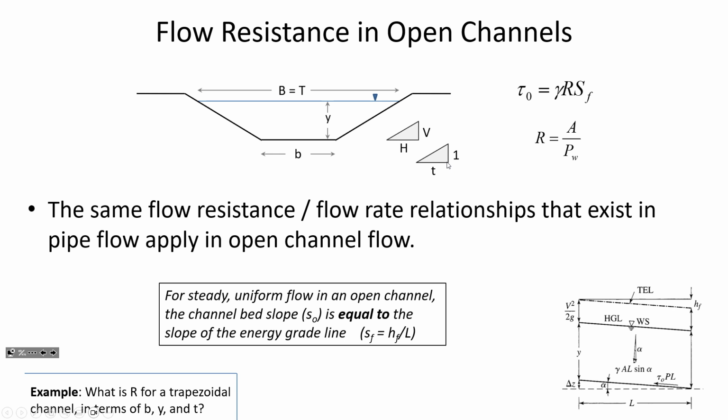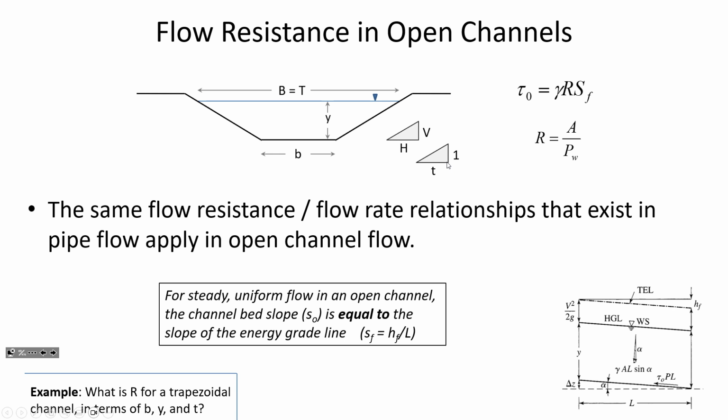Another way to do it is that, let me redraw it with a little bit more. Okay, that's not quite so bad. We've got B the bottom width, and then this is the depth of flow Y, and then we're defining this 1 to T as the side slopes.